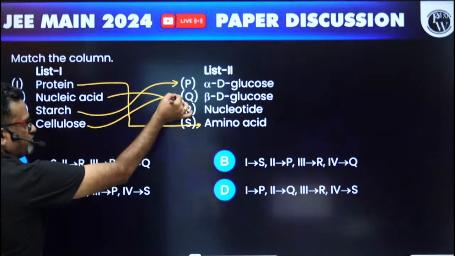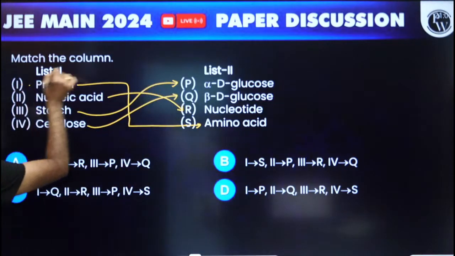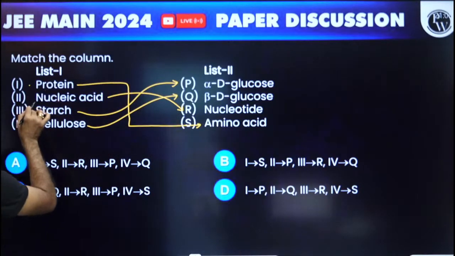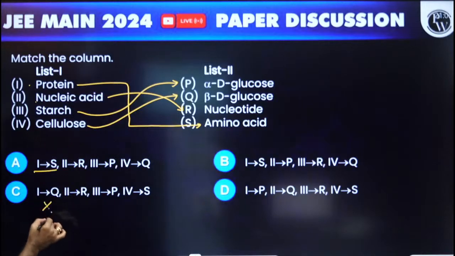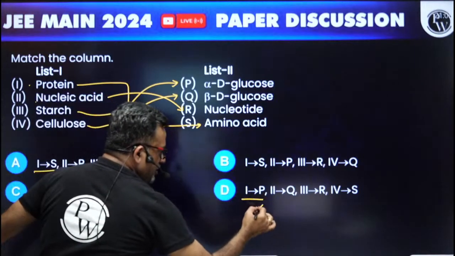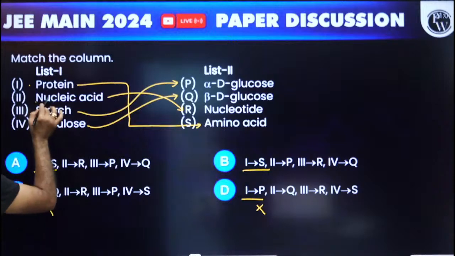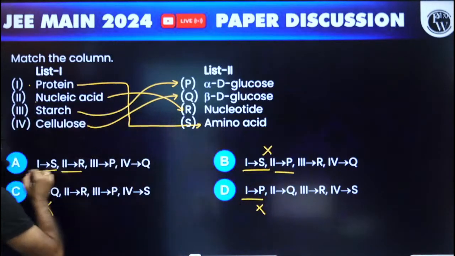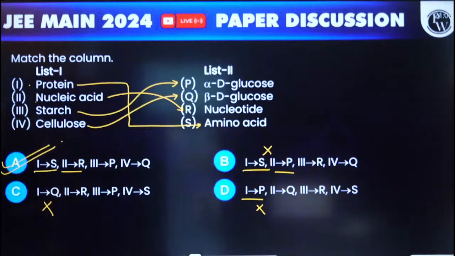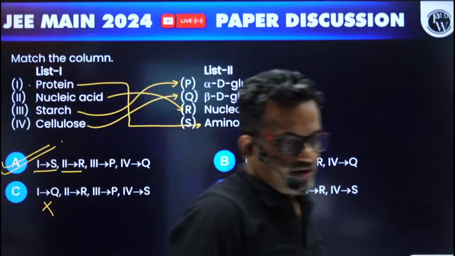Cellulose is made up of beta D glucose. So one with R, one with S, one with Q wrong, one with P wrong, one with S right. Two with R, two with P. This is wrong, this is right. Is that clear? Right.